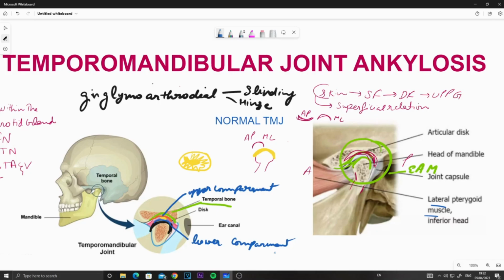The joint cavity is lined by a layer of synovial membrane, which secretes synovial fluid that helps in the lubrication of the joint.